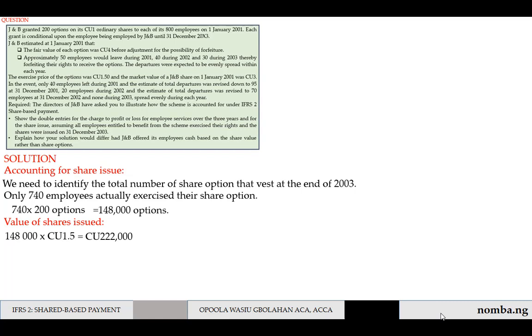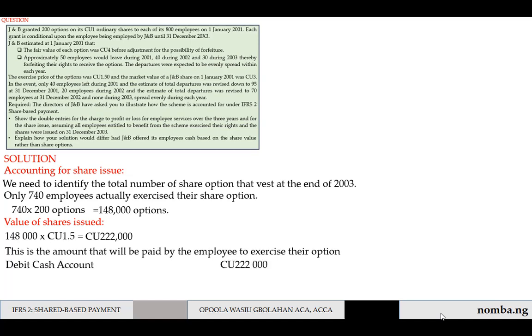Now, this 222,000 is the amount that will be paid by the employees to exercise their options. So we debit cash account with 222,000. Credit share capital with the nominal value, which is 148,000 multiplied by one currency unit, because that's the nominal value from the question of this company. That gives us 148,000.